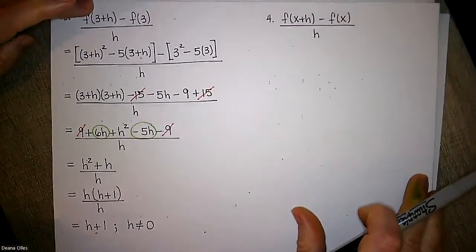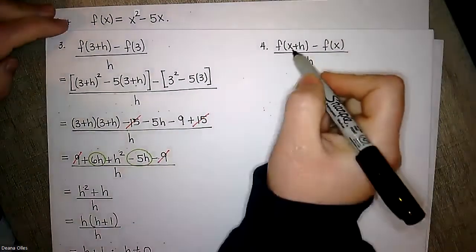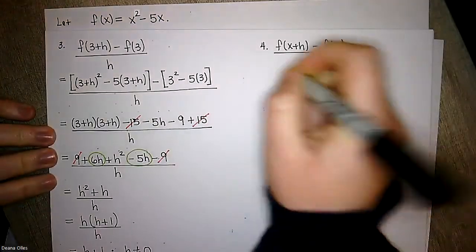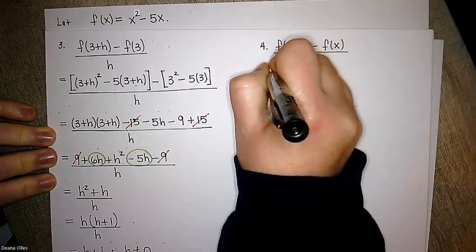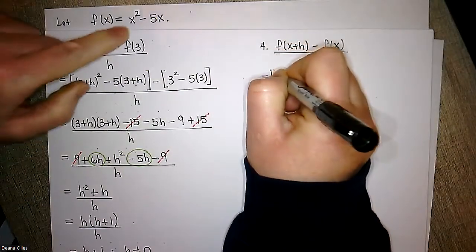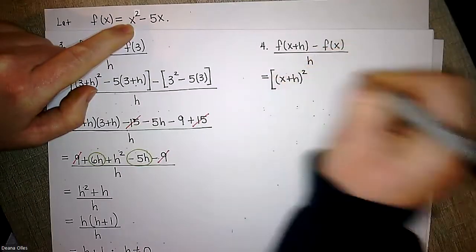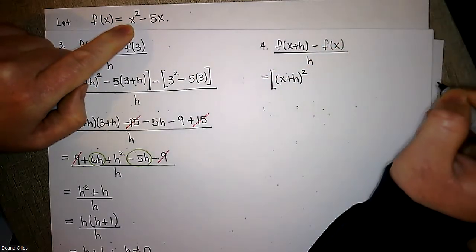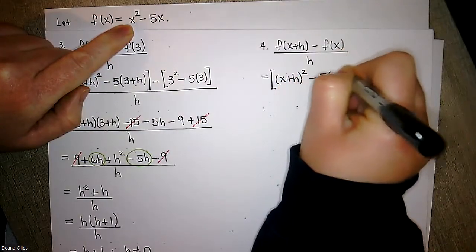All right. Well, let's do this again. But this time, I'm not giving you a value for x. So this is going to be a tiny bit more complicated, not too bad. So f of x plus h means everywhere I see an x, I'm replacing it with the quantity x plus h. So I have x plus h quantity squared minus 5 times x plus h.